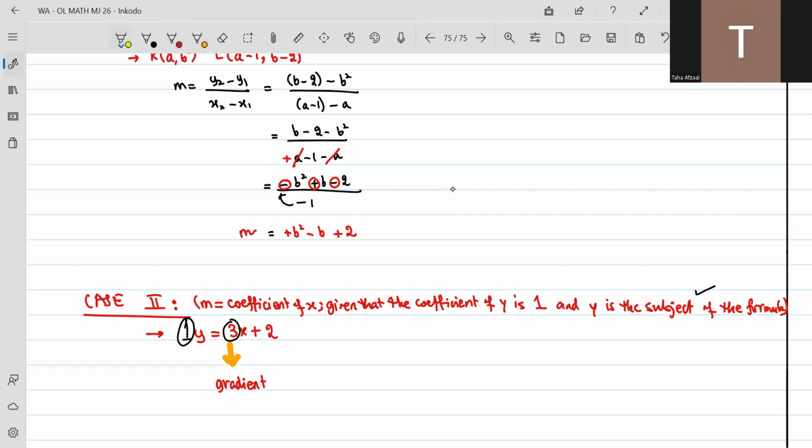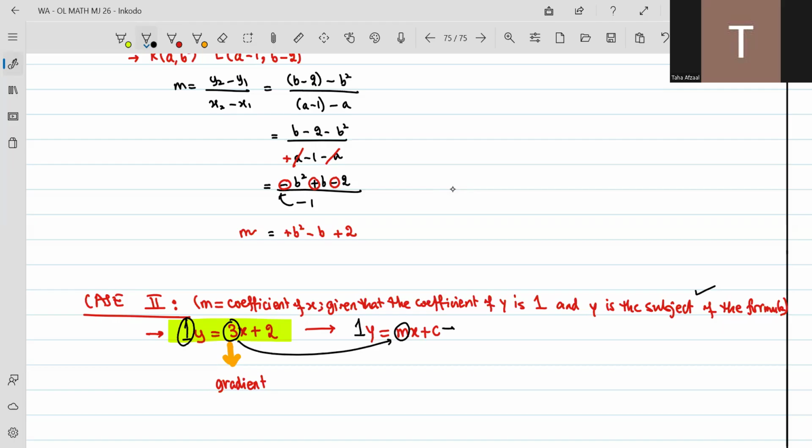Can all of you relate this highlighted equation with y equals mx plus c? What is the coefficient of y? That's 1 here. What is the coefficient of x? If the coefficient of y is 1 and y is the subject of the equation, then the number, letter, fraction, whatever is attached to x, that is the coefficient of x, is going to be your gradient, right?